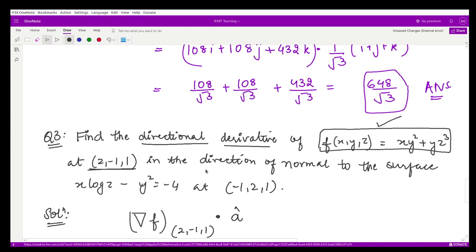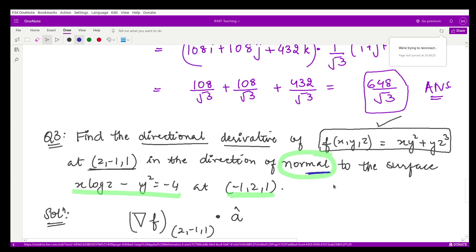They say the direction of the normal to the surface this. So this is another surface that is given to you. This is the given point, and you are to calculate the normal to the given surface. And if you remember, the quantity gradient gives you the normal to the given surface.